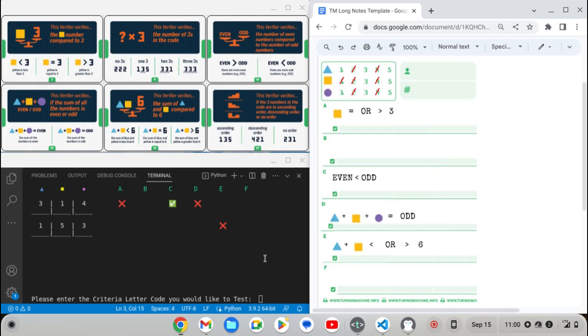But let's go ahead. And remember, we did sort of already discuss how for criteria card B, either there is a 3 or there isn't. So let's go ahead and test criteria card B. Okay, so it is true that there is a single 3.